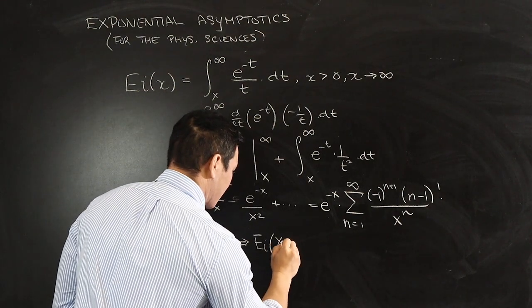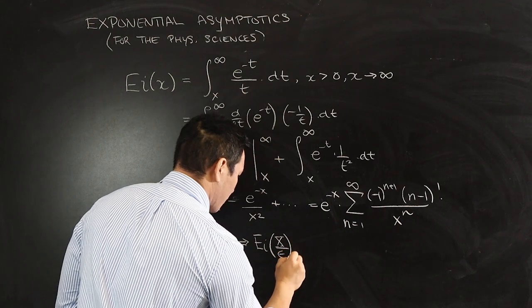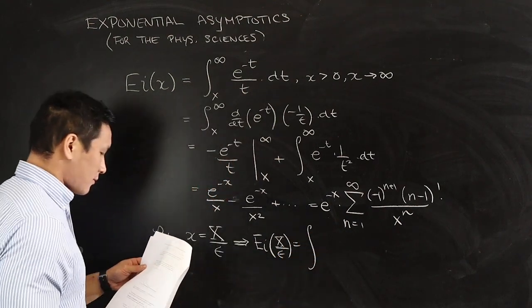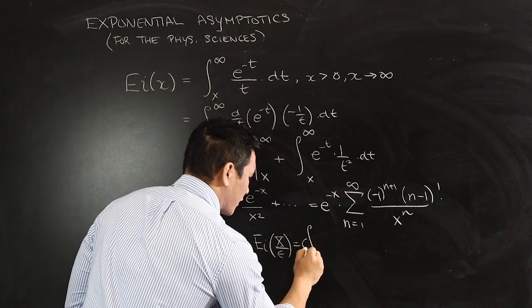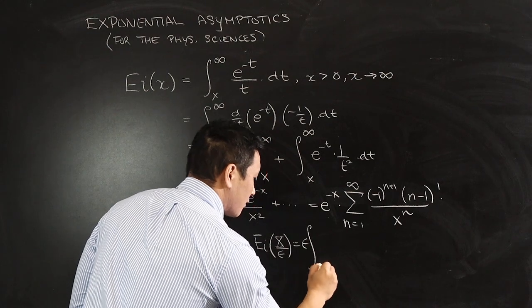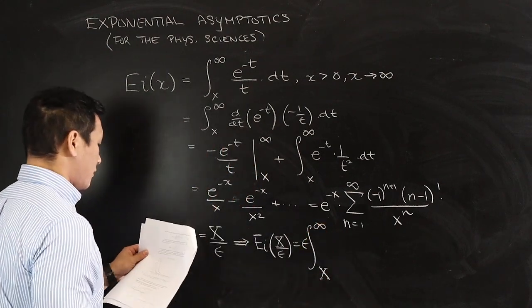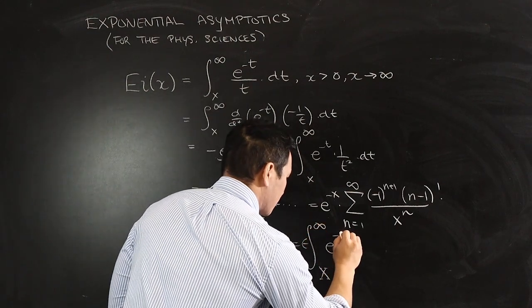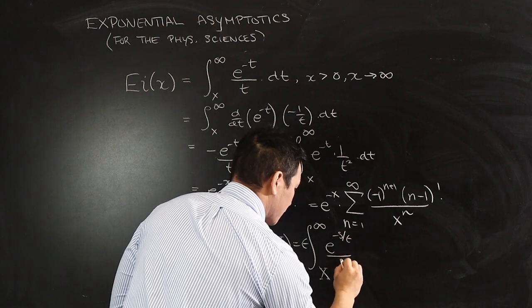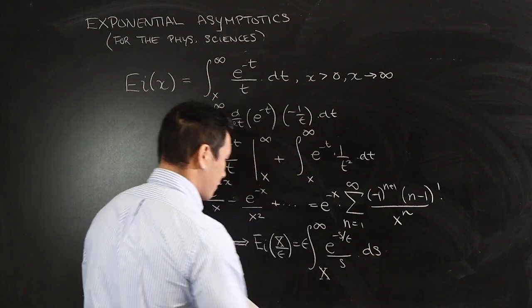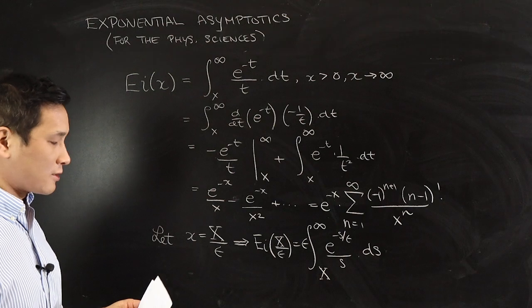This is now big X over epsilon. You'll have an epsilon out front, and then there's a big X here, and that goes to infinity, and that's e to the minus s over epsilon over s ds under the appropriate transformation of s.